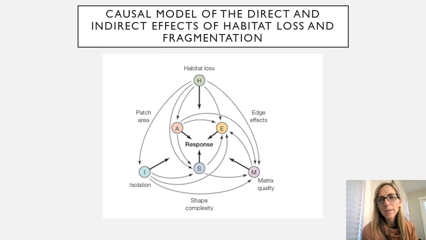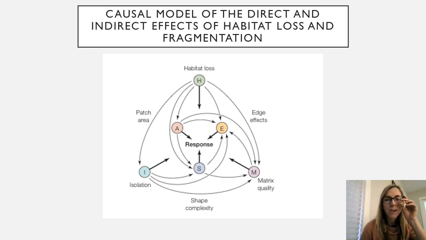So the amount of habitat loss, the isolation of habitat, or conversely its connectivity, and the matrix quality, all of these things we know can influence patch-scale attributes such as the patch area, the patch shape, and the complexity, including edge effects.